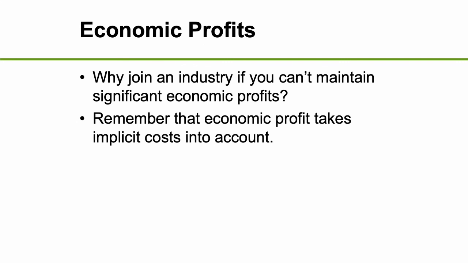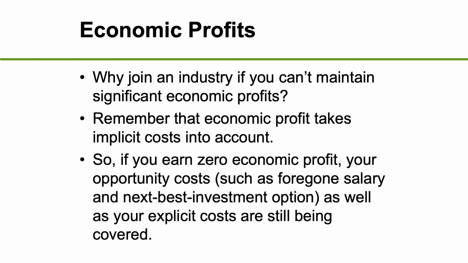But whenever we look at economic profit, it's taking implicit costs into account. So the profits we're talking about here are economic in nature. So even if you earn zero economic profit, all of your implicit costs, which means your opportunity costs, are being covered.